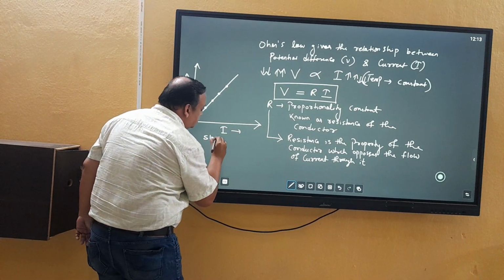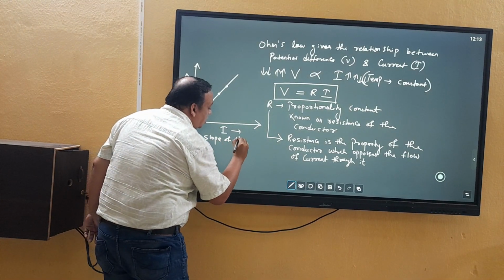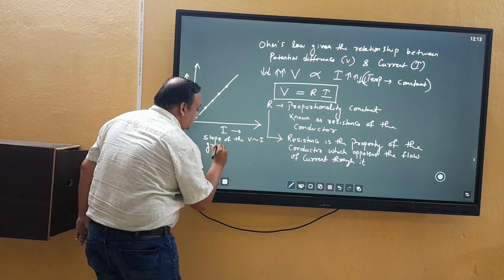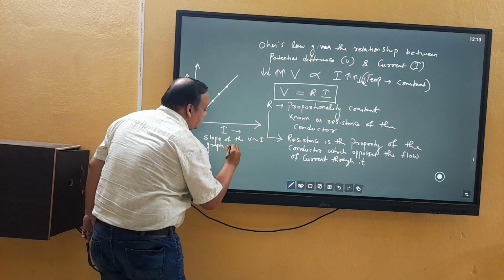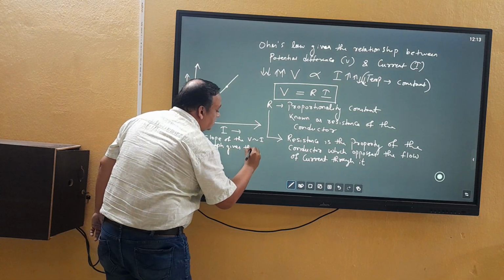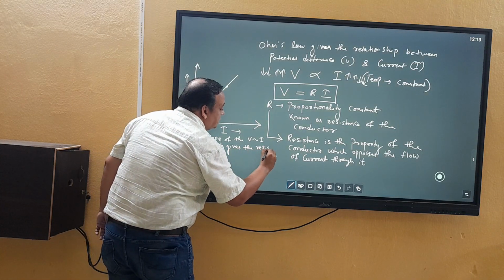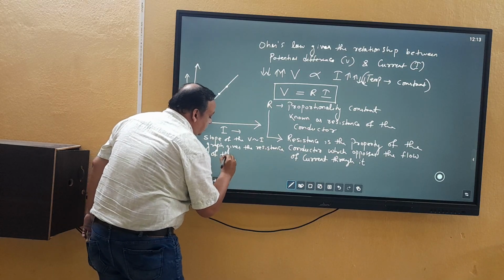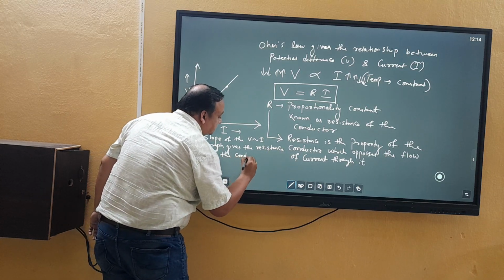The slope of the V versus I graph gives the resistance of the conductor.